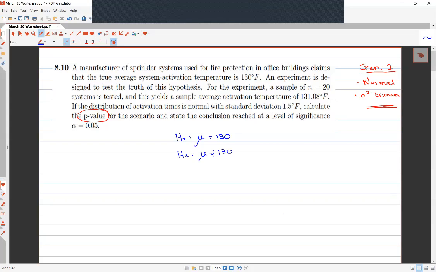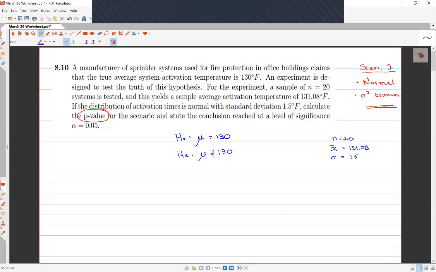Now, the evidence that we collect in our sample: we have 20 observations, and we observe an average activation temperature of 131.08 degrees. We also know that this is coming from a population with a standard deviation of 1.5 degrees.